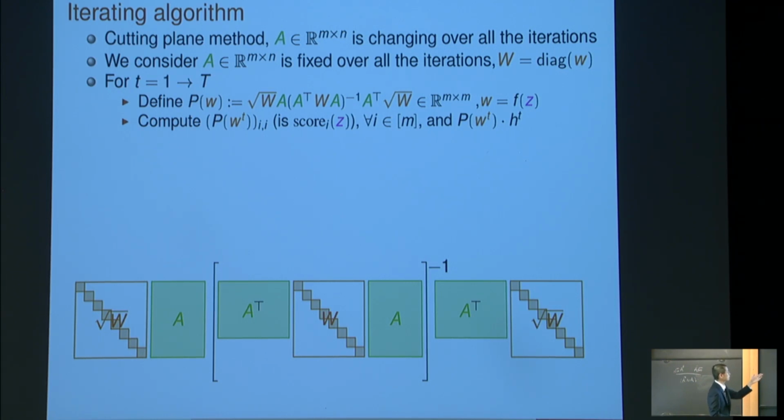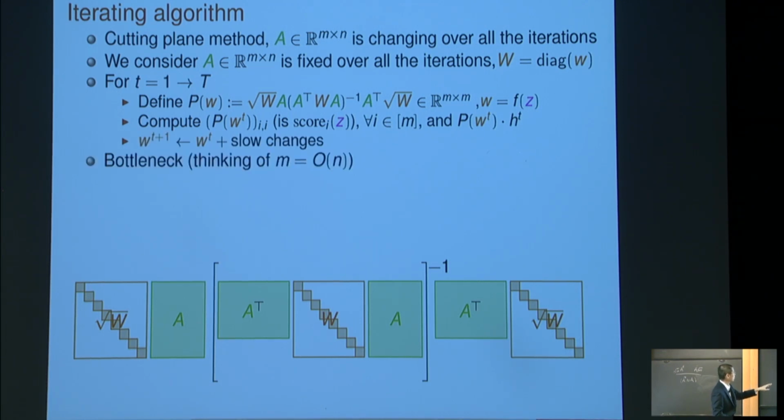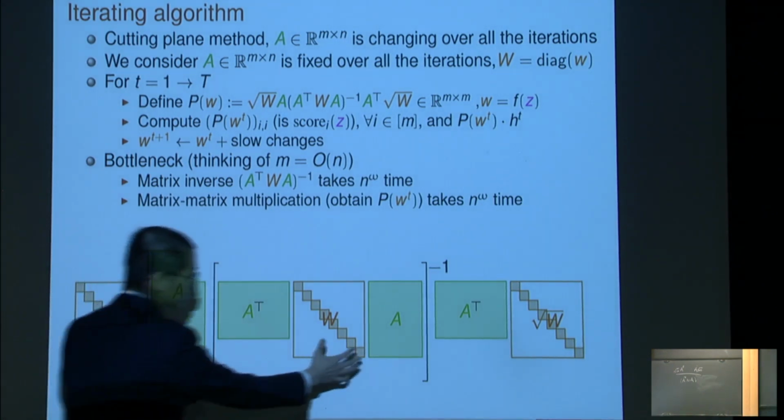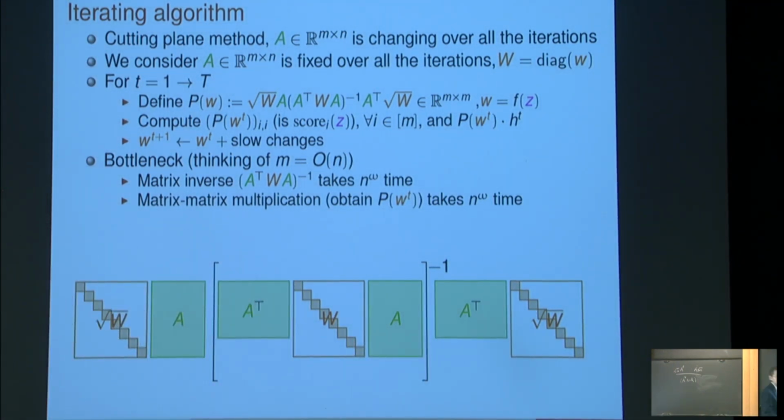Here, this is a projection matrix. If in every iteration A is not changed and W is changing, and we compute this matrix, there is an inverse computation and also some matrix products. Just think of m equal to n, and you need to compute this matrix inverse. In every iteration, that already takes n to the omega. After you compute this inverse, you need to compute this matrix times this matrix, which takes another n to the omega time.